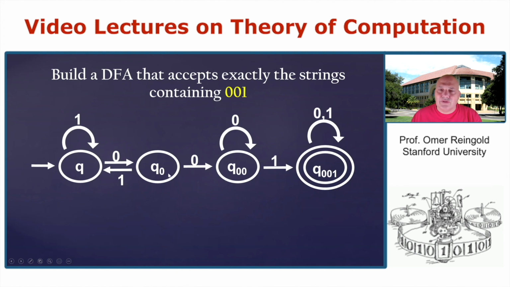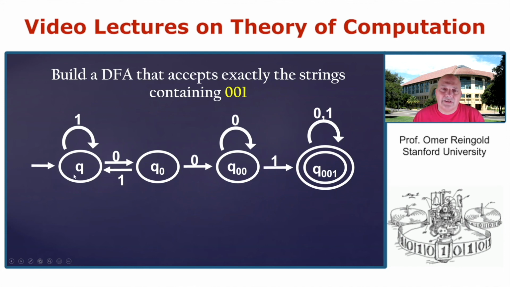The names of the states are very suggestive. Q is an arbitrary state. Q0 is a state which you reach after seeing 0 once. Q00 means that the last 2 bits that you saw were 00. And Q001 means that you saw 001 recently or before.